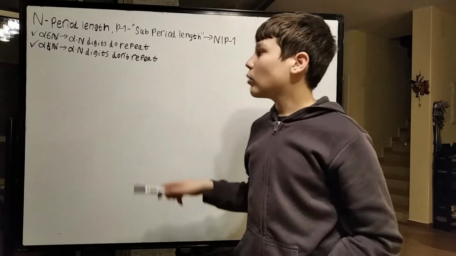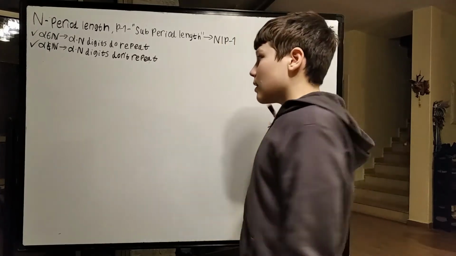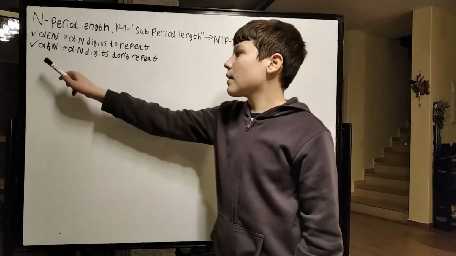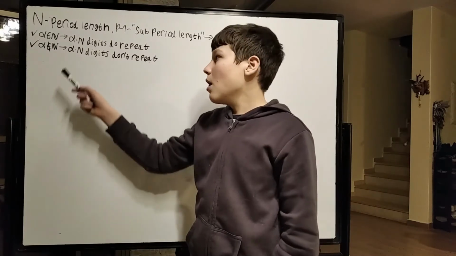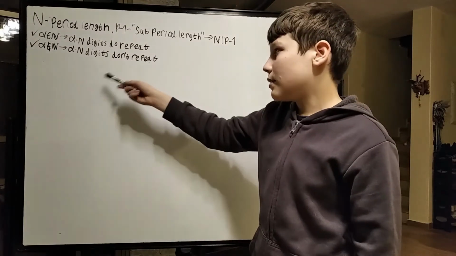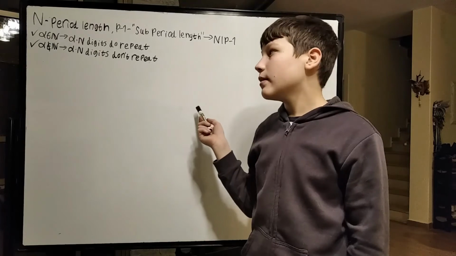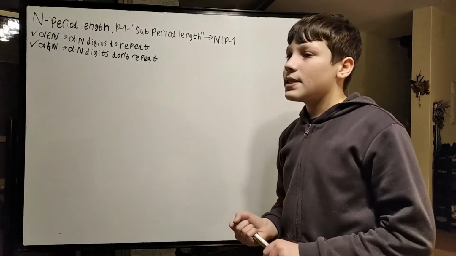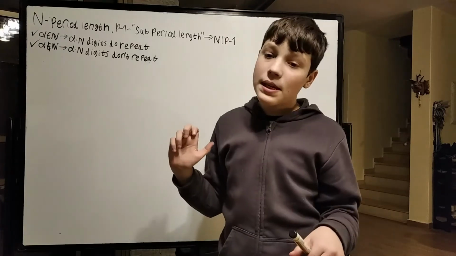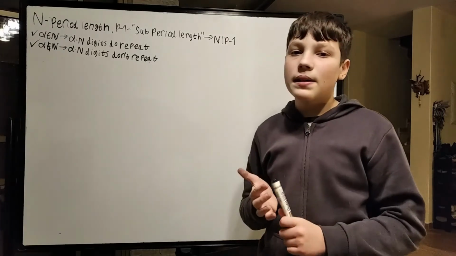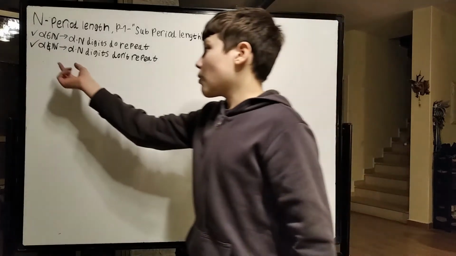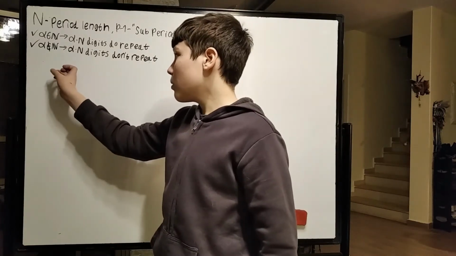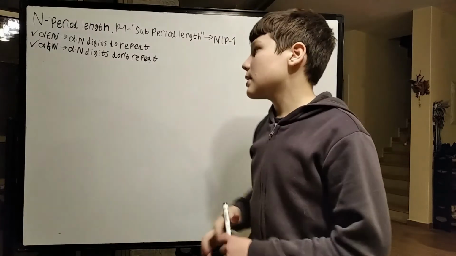Okay, now that we've shown that if alpha is not a natural number, then alpha times n digits don't repeat, we can say that the opposite of the opposite is correct. And by that I mean we reverse the direction of the arrow, but also reverse the sentences.